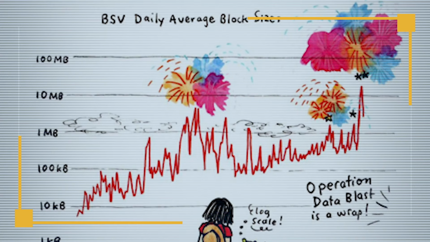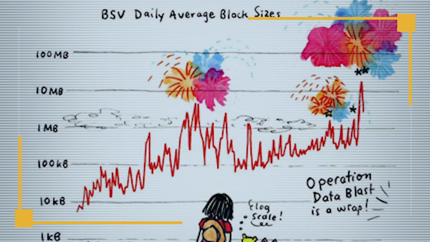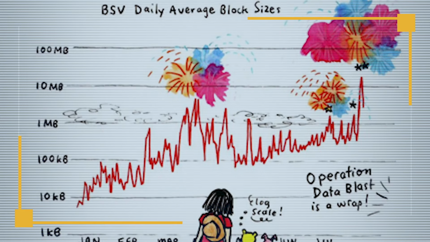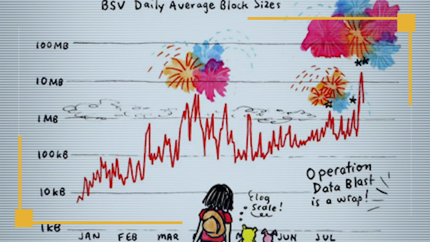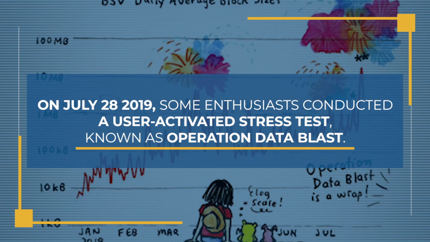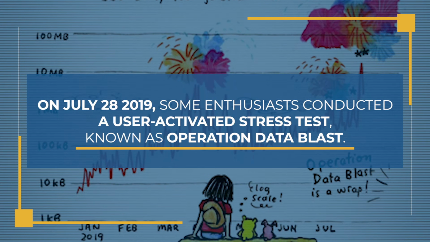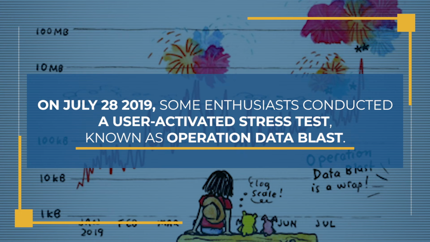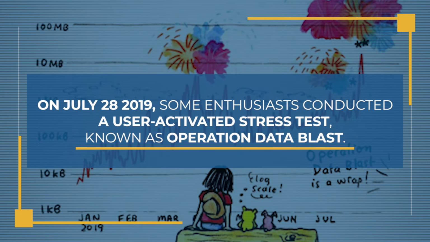This has allowed BSV enthusiasts to begin testing the capacity of the Bitcoin SV increased block size. So on July 28, 2019, some enthusiasts conducted a user-activated stress test known as Operation Data Blast, where they uploaded meaningful media onto Bitcoin's public blockchain. This included video, audio, even book files.